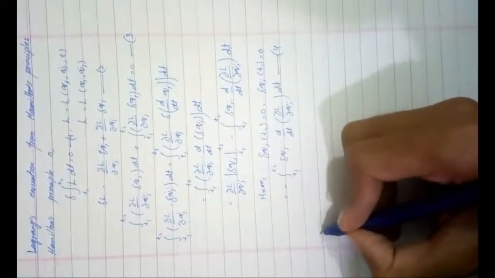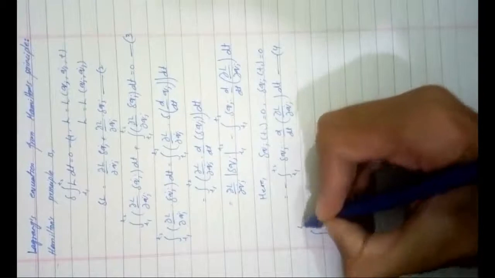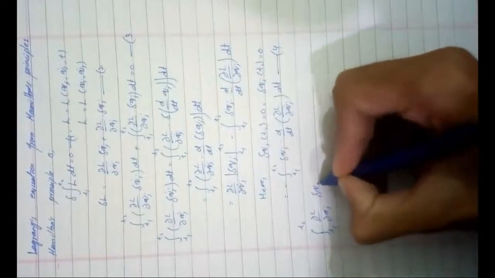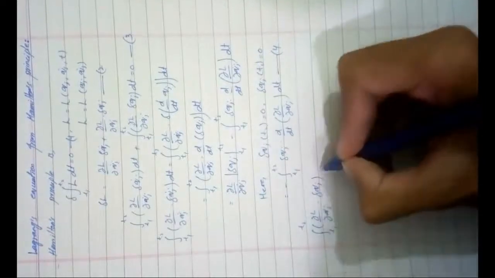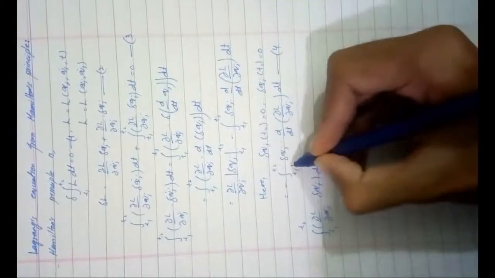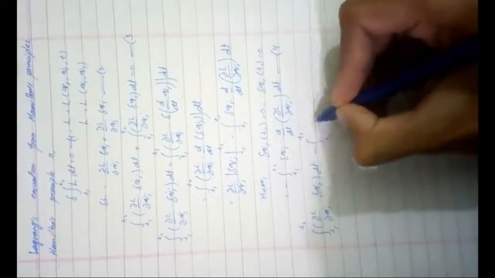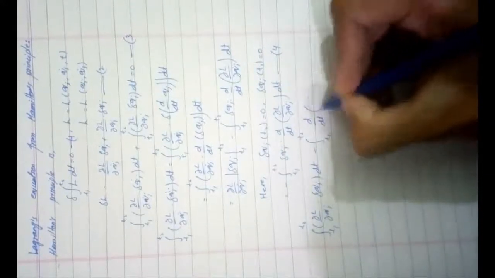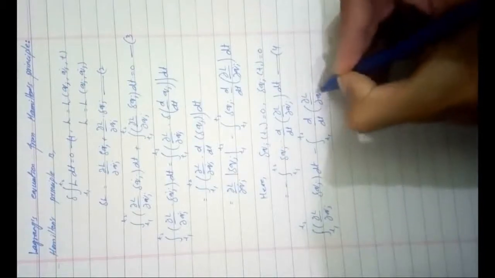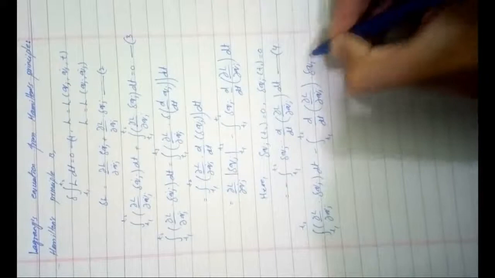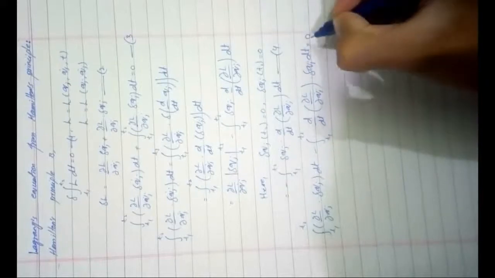We have integral t1 to t2. Write this term first. We have partial L over partial qj delta qj into dt minus this term, integral t1 to t2 of d over dt of partial L over partial q dot j, this term which is delta qj and this dt, equals to 0.